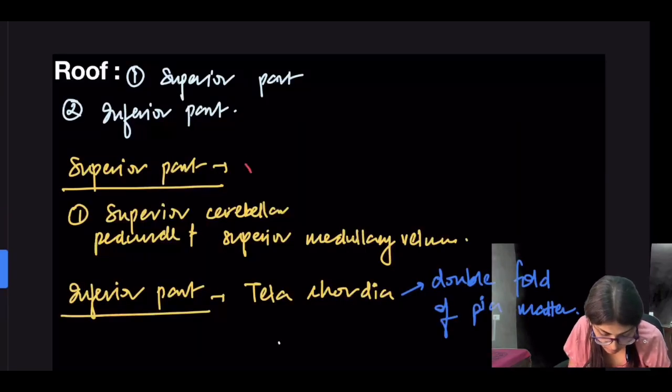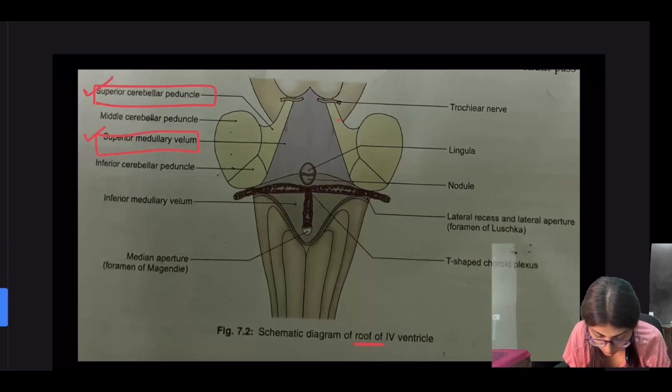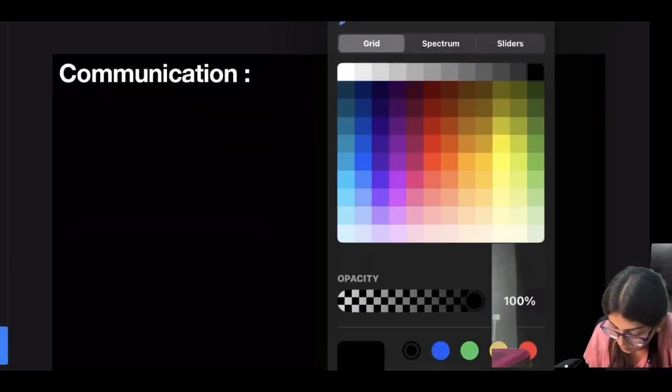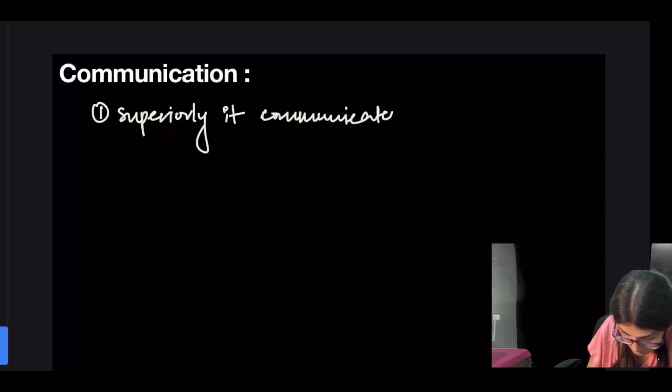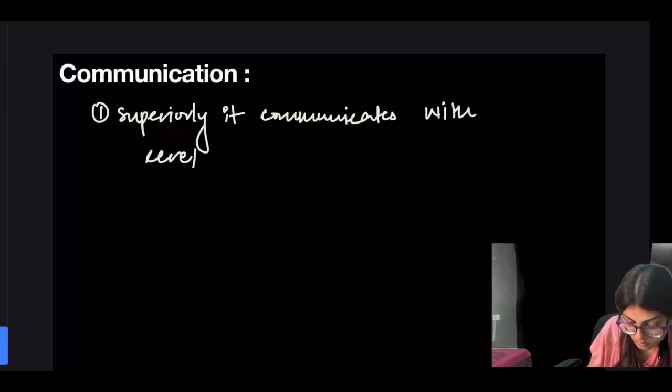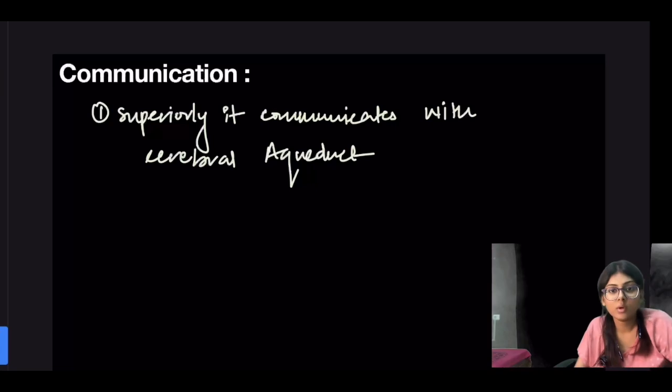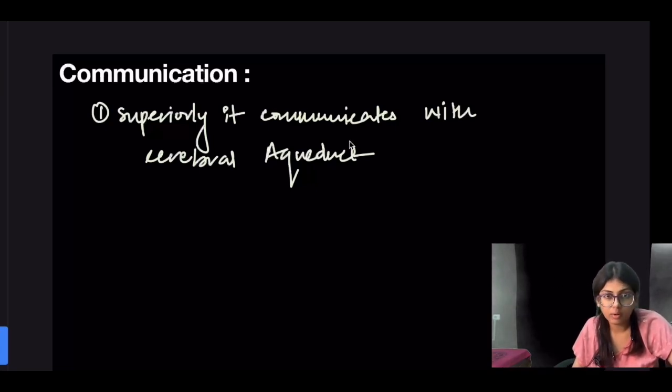We have discussed the superior part and the inferior part, and now we will discuss the communication of the fourth ventricle. Superiorly, it communicates with the cerebral aqueduct.